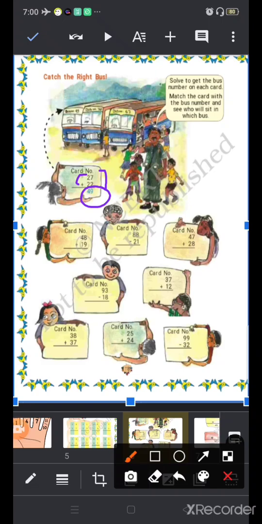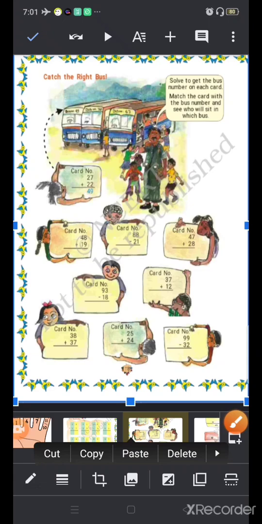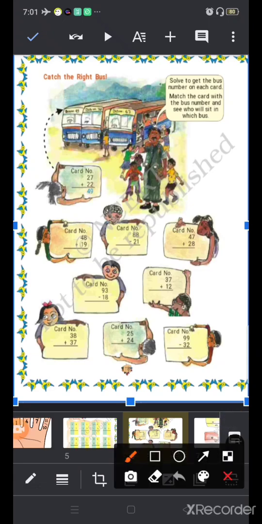After addition, we'll match this card with this bus. Same, you will match these cards also. First we'll add or subtract these and then we'll match. Next, we'll do this one.